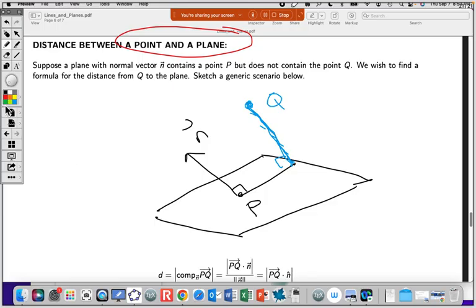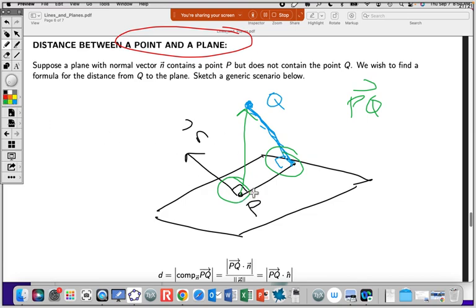Since that's 90 degrees and we have the normal direction already, here's what we need to do. I can construct the vector from P to Q, and then I can project that vector onto the normal vector.